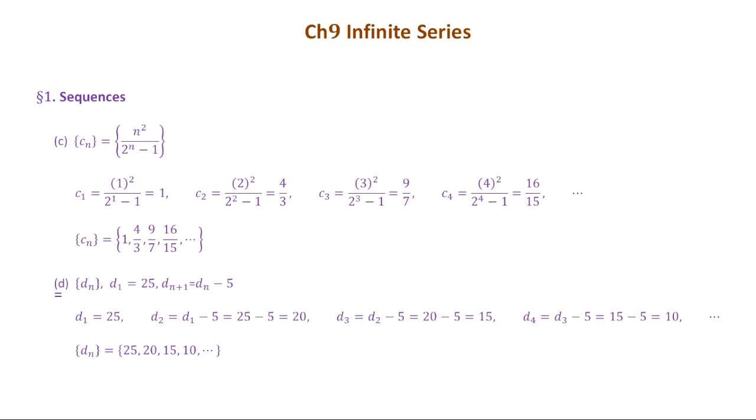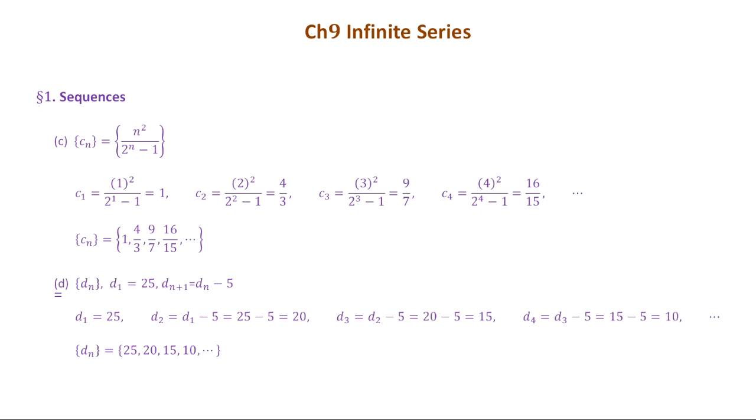And then you plug in 2 for n to get d3. 2 plus 1 is 3. So d3 equals d2 minus 5. d2 is 20. So 20 minus 5 is 15. And then you plug in 3 for n. 3 plus 1 is 4.